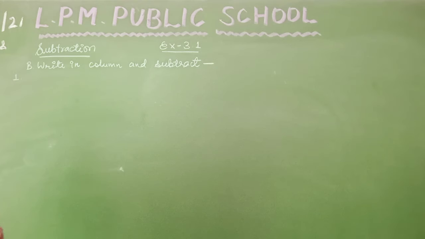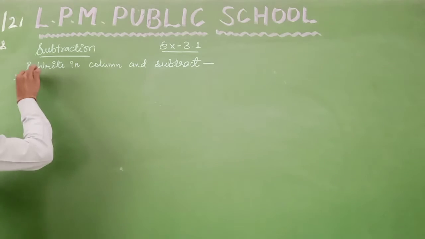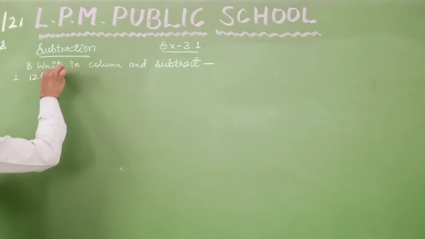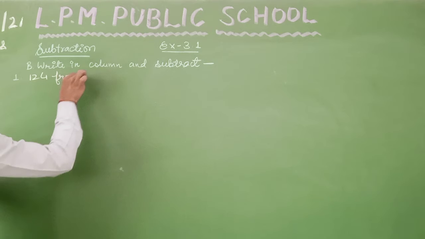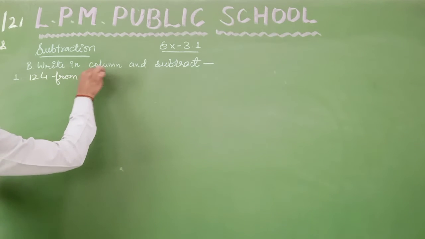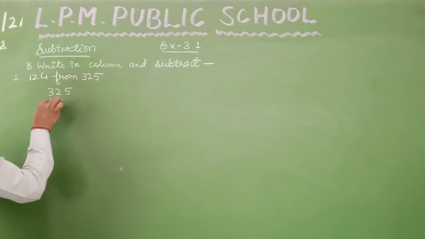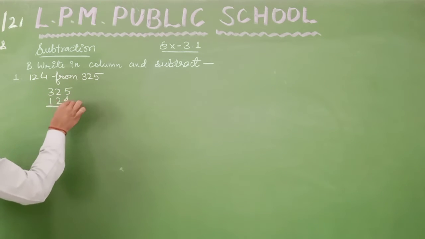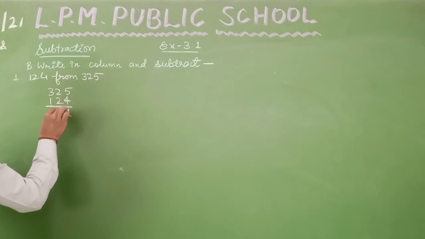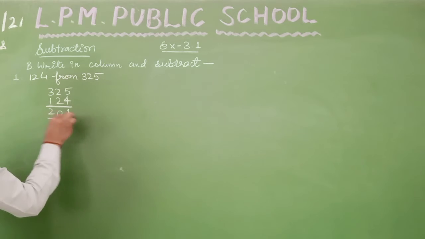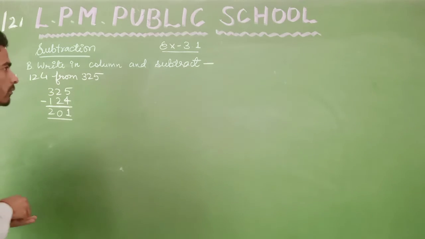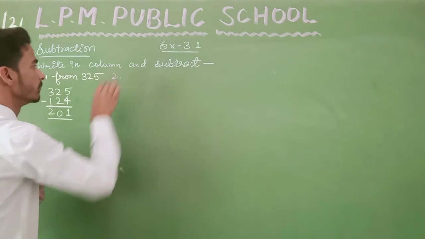First question is 124 from 325. So 325 minus 124. 5 minus 4, 1, 2 minus 2, 0, 3 minus 1, 2. That is 201.